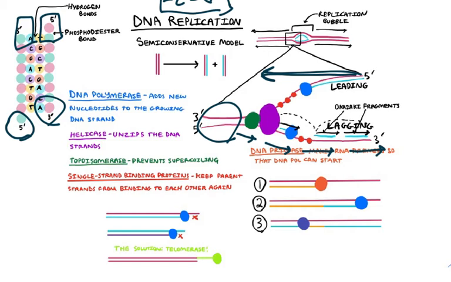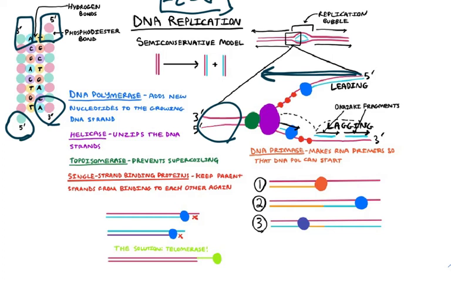The other problem with DNA polymerase is that it can't start its own strand. It kind of has to have a little boost before it can work. And that boost is provided by an enzyme called DNA primase. And DNA primase actually makes a primer, a little short strand of new nucleic acid, but it's not DNA. It's going to be made of RNA.